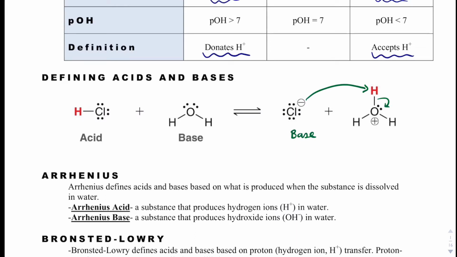H3O plus, hydronium here, is donating the H plus, and so it must be an acid. But as we have it right now, if we call all of these acids and bases, it gets a little bit confusing. So any sort of product in an acid-base reaction would have the word conjugate in front of it. That way we know that it is a product.